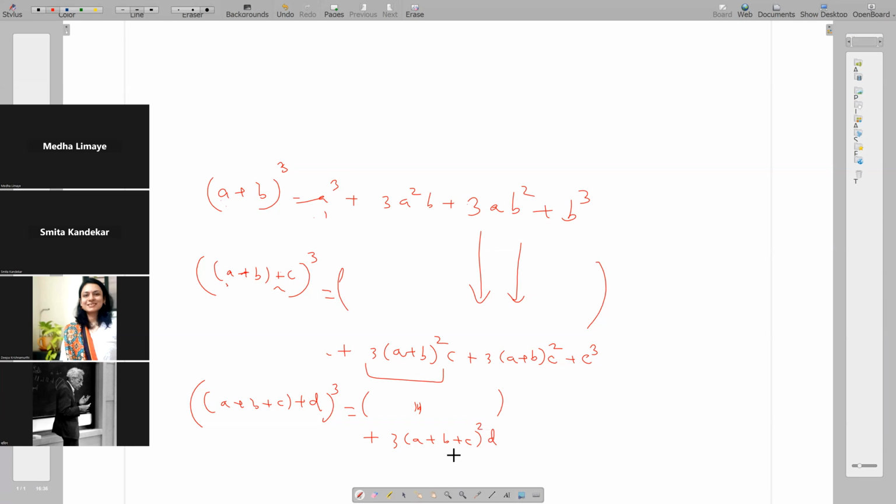And then you get D. Once you get D, you again subtract 3 into A plus B plus C into D square and then again subtract D cube. So if it is a 4-digit number, you have got the cube equal to A plus B plus C plus D cube, the correct answer.